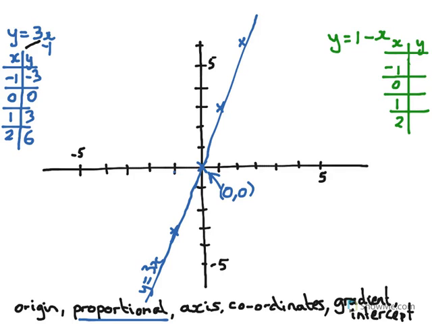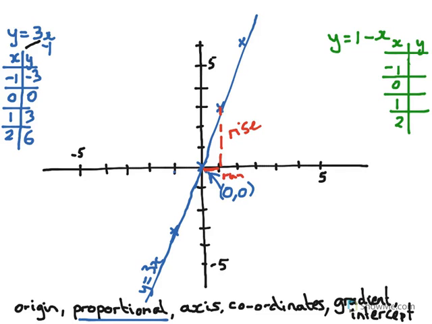Let's have a look at this graph then and work out the gradient. What does the gradient mean? Well, we've talked about it being rise over run. It means we look at how many we go up, the rise, for how many we go along, which is what we call the run.